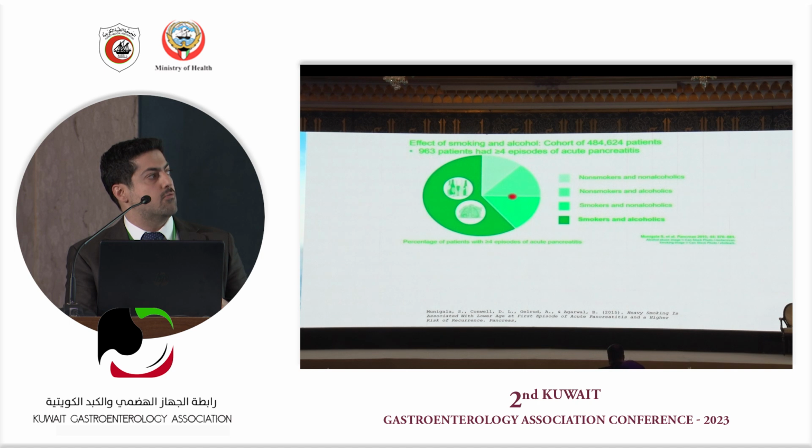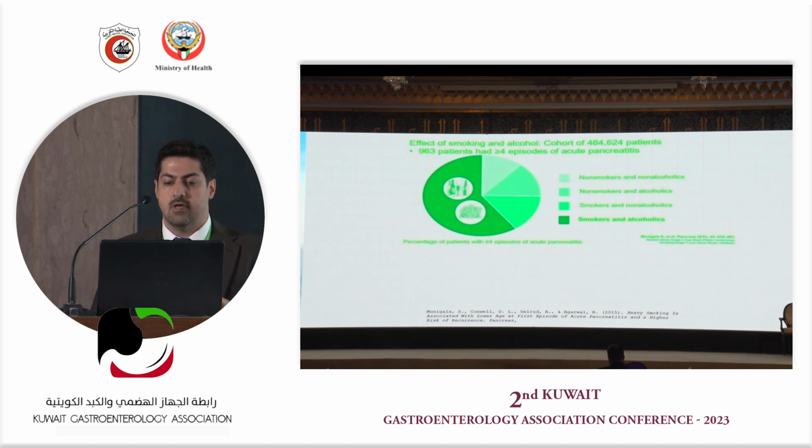Almost 1/4 of these patients were only smokers, 1/4 were only alcoholic, and less than 1/4 were neither. So this gives you an idea of how important smoking and alcohol are in patients with recurrent pancreatitis. Smoking is actually a well-documented and evidence-based cause of recurrent pancreatitis.